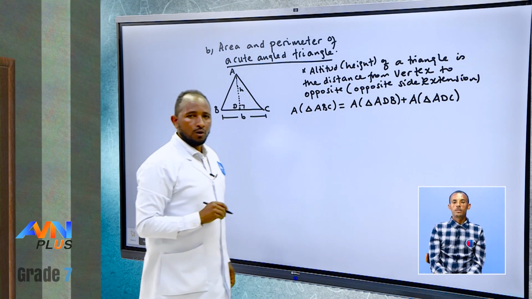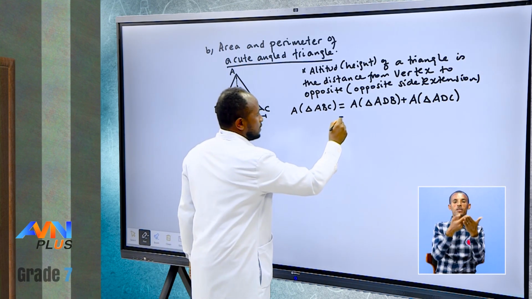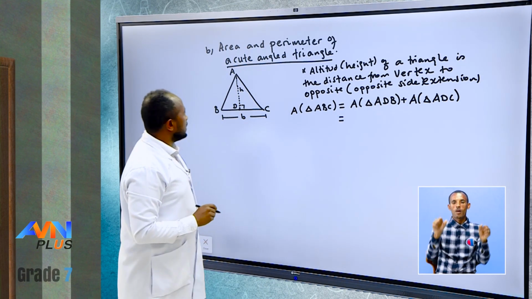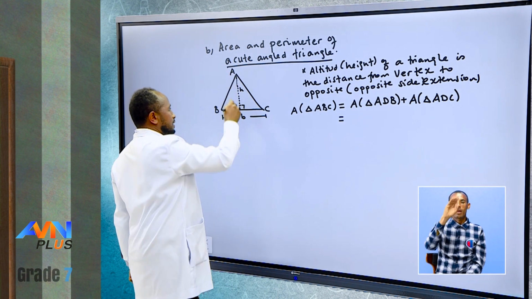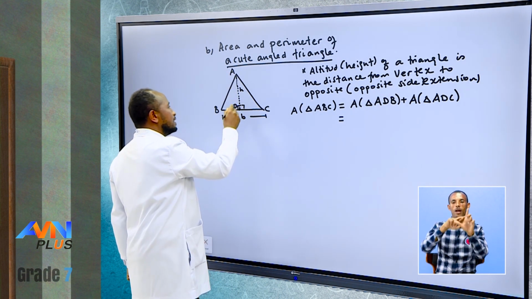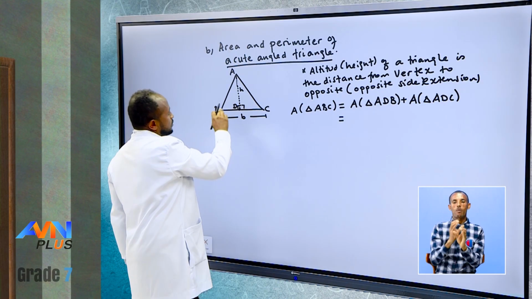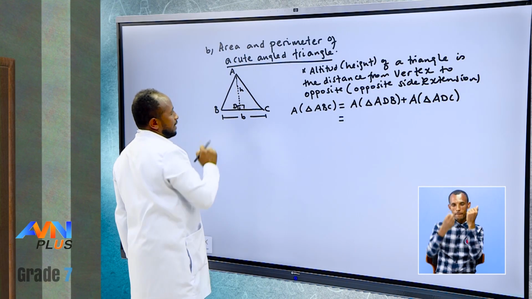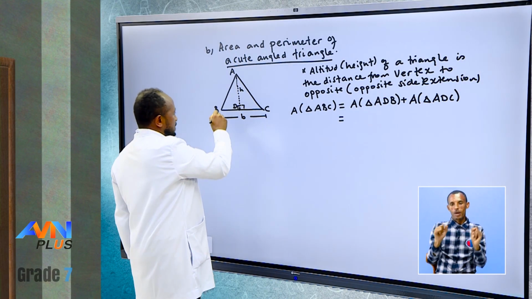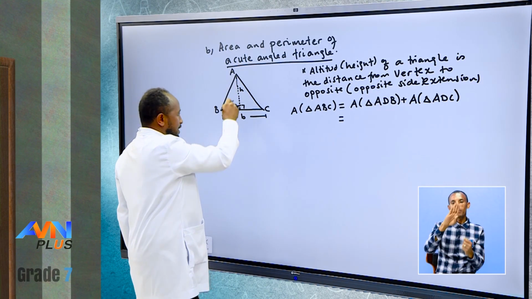So this is equal to the area of triangle ADB. Look, this one ADB is a right angle triangle. To calculate this area, simply multiply the base and the height and divide by 2. Therefore the base is BD, the height is AD.